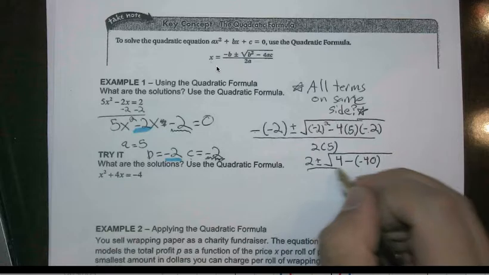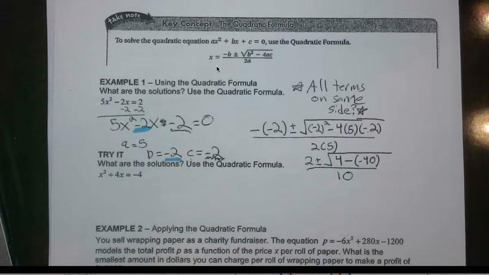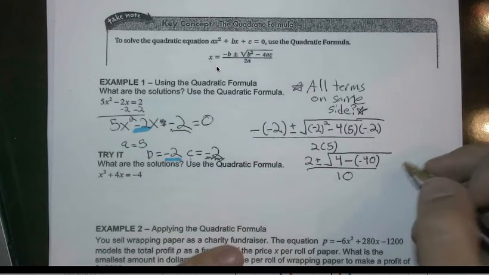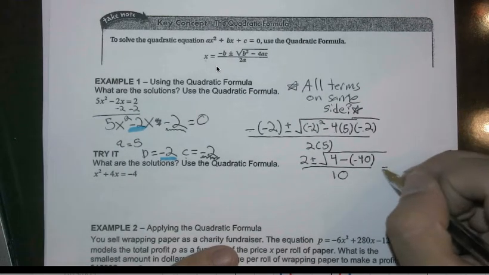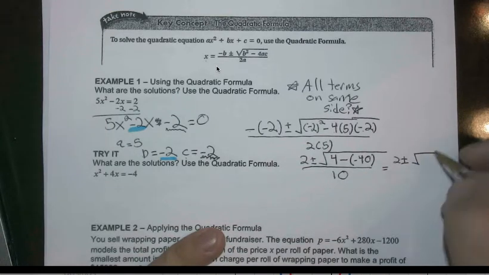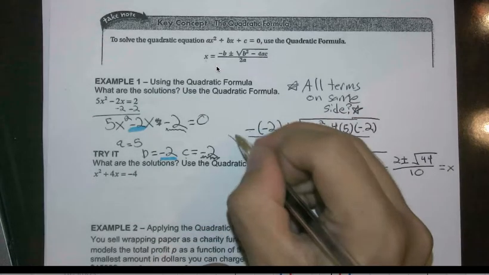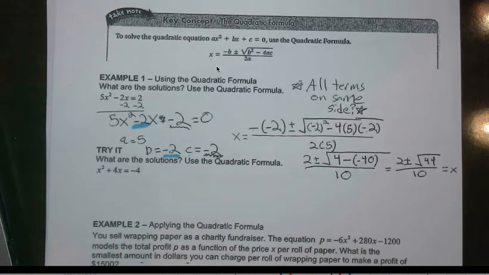And in addition to that, our denominator is 10. We can simplify our radical further because we have 2 still on the outside. Now the square root of 44, where this is all over 10, and this is all equal to x. Keep in mind we're solving for solutions, so we want x equals the whole time.